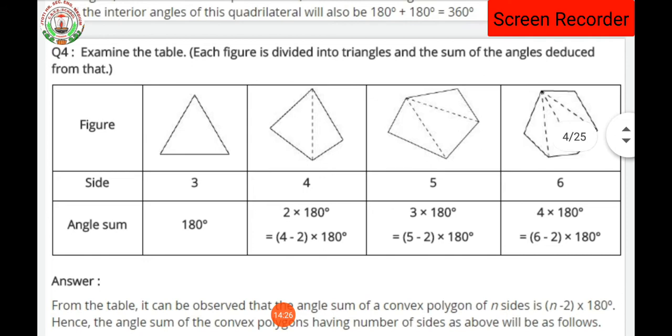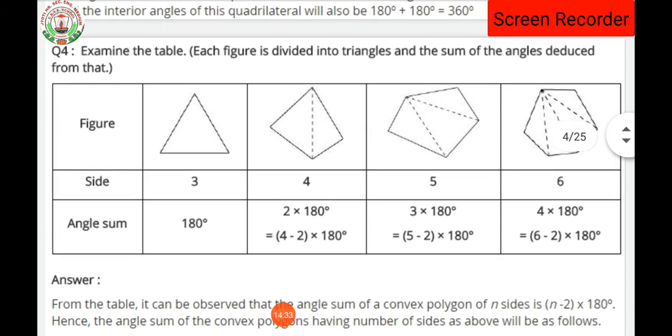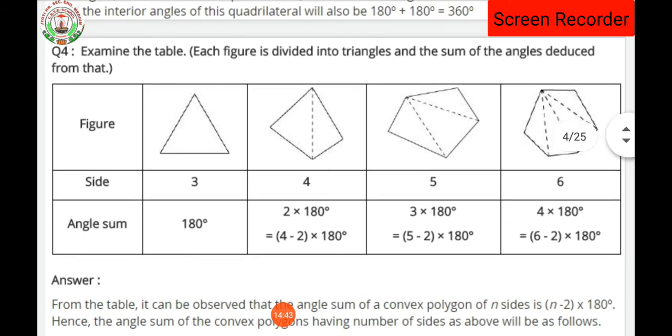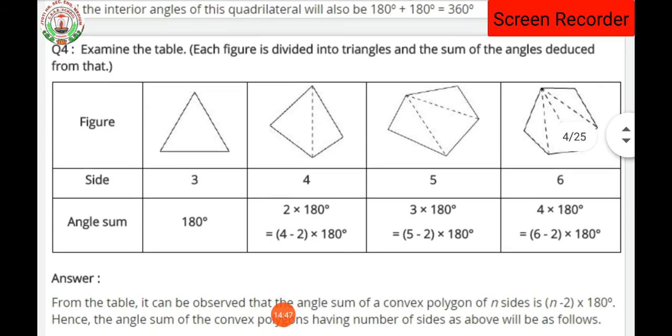Here the first figure is a triangle, its sides are 3, and as we know, adding all the 3 angles of a triangle will be equal to 180 degrees, isn't it? Then some formulas are given here. 2 into 180 degrees, (4 minus 2) into 180 degrees. Then similarly for the third figure and for the fourth figure. Clear? Have you seen this?